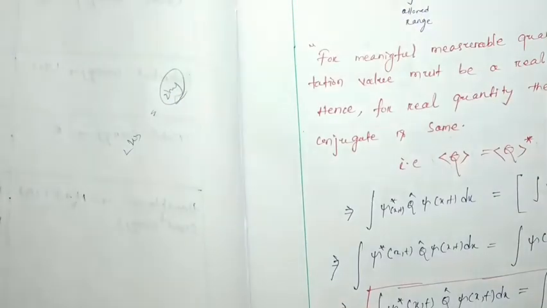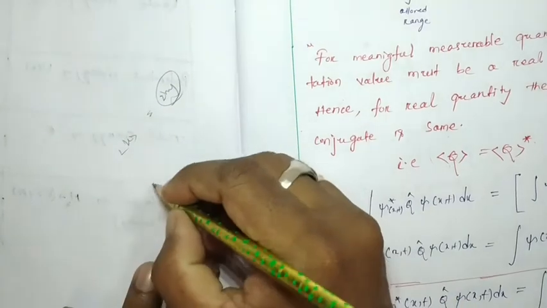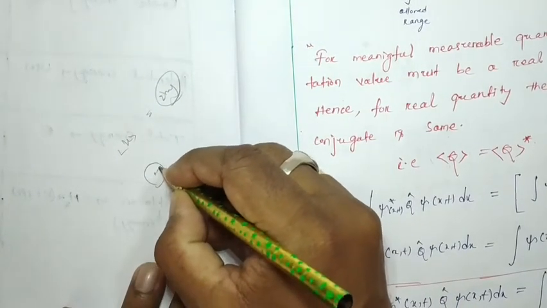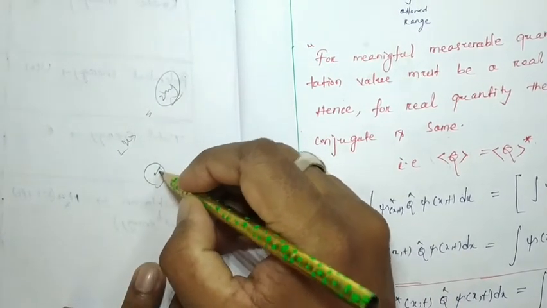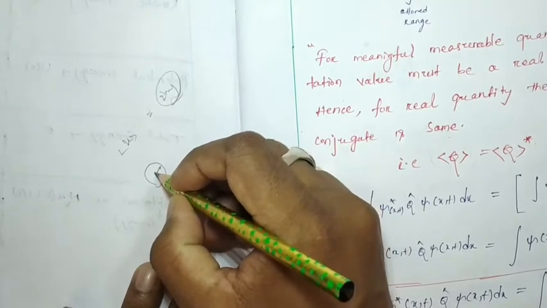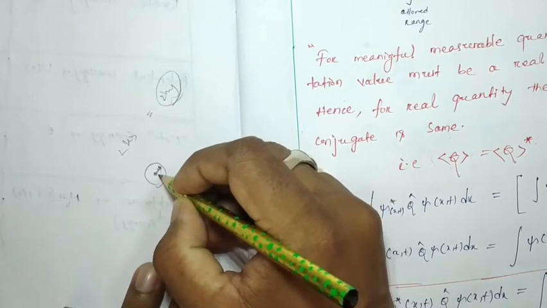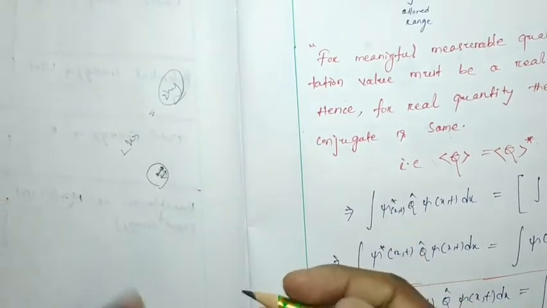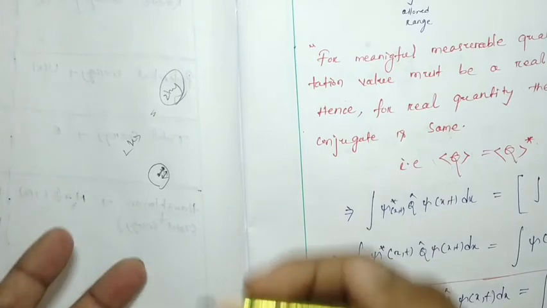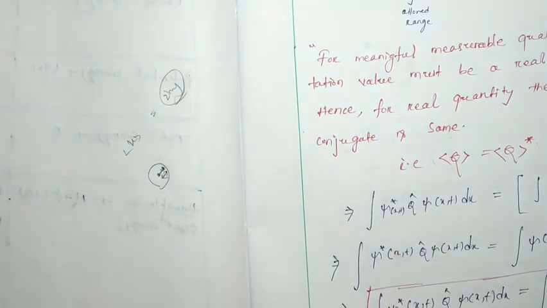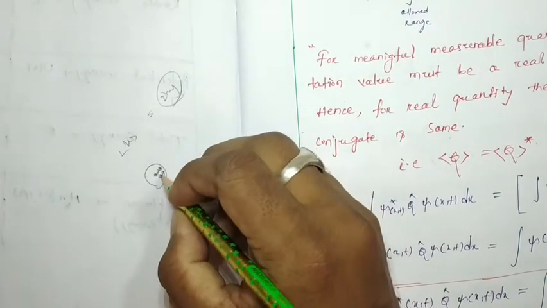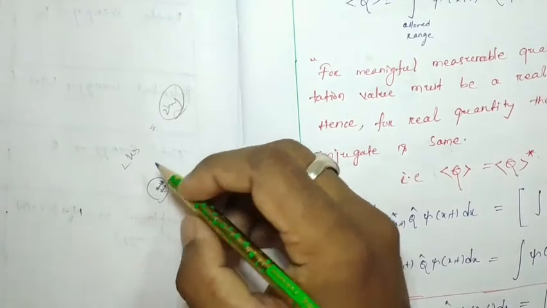Suppose I measure the distance of the electron from the nucleus. Expectedly, the electron will be at some distance from the nucleus. If this distance is imaginary, how can I say I have measured it? So the distance has to be real, and the expectation value has to be real.